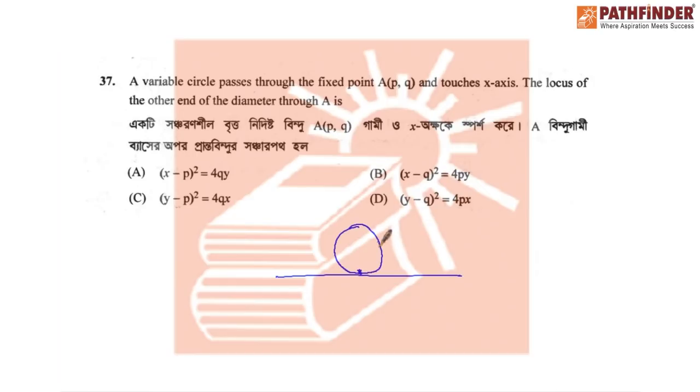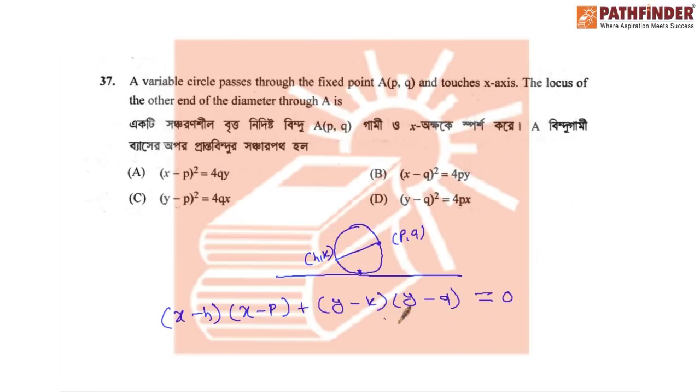The locus of the other end of the diameter through A. So this is A (p, q), the other end of the diameter is (h, k). So the equation of the circle in diametric form is (x minus h)(x minus p) plus (y minus k)(y minus q) is equal to 0.